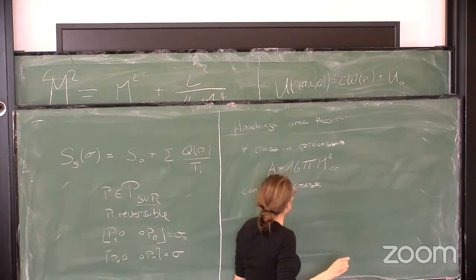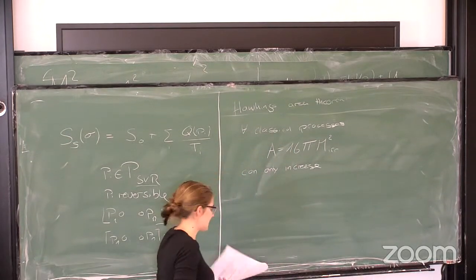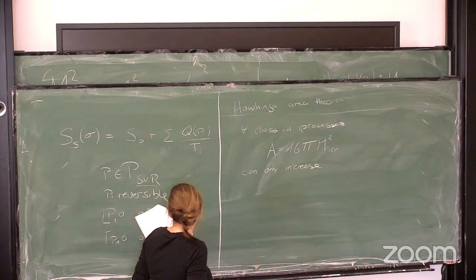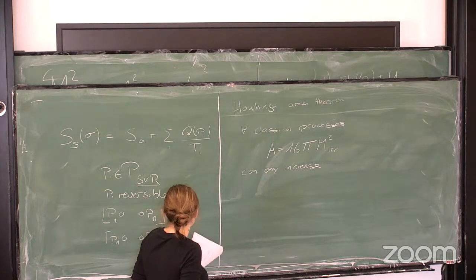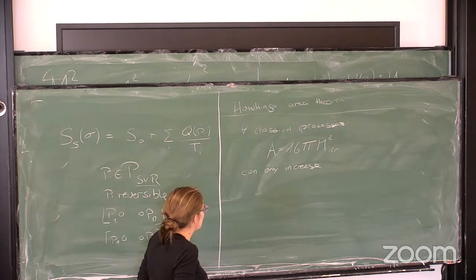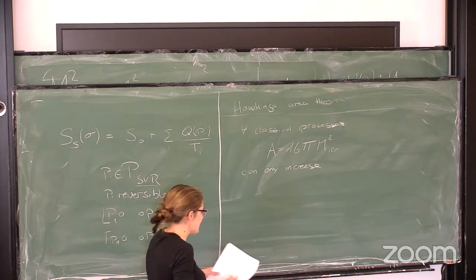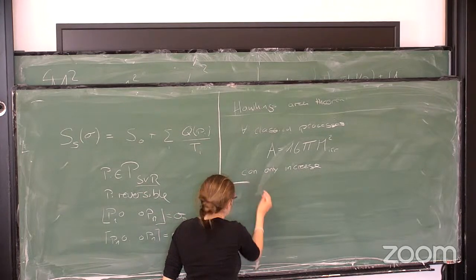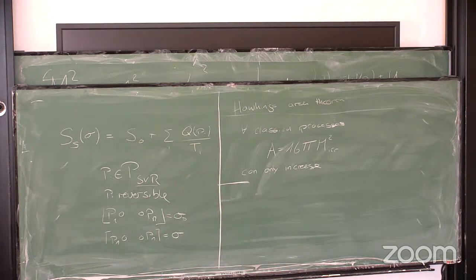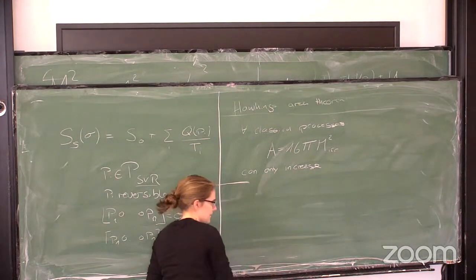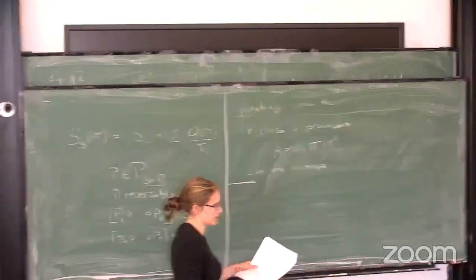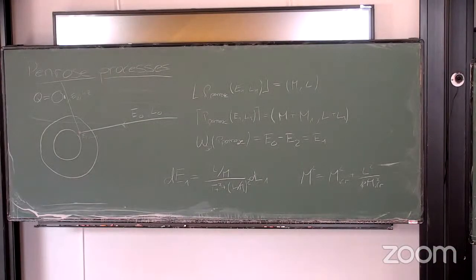So now the question is, are we in trouble? Can we not find these processes? The answer is not really, because this theorem only holds for classical processes, and as soon as the black hole can evaporate, obviously the mass can differ. This theorem no longer holds.